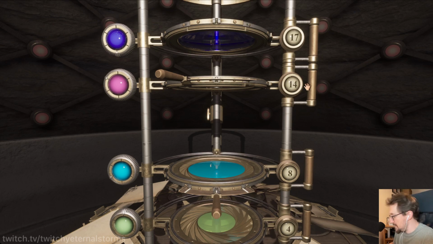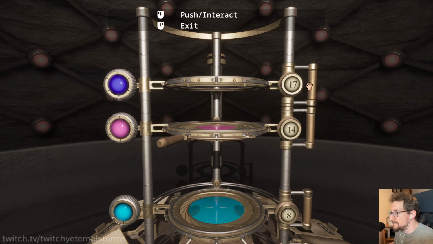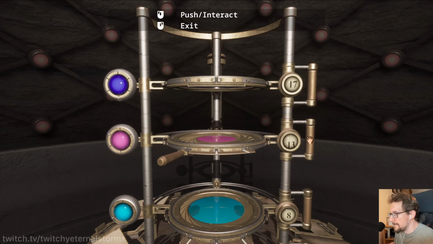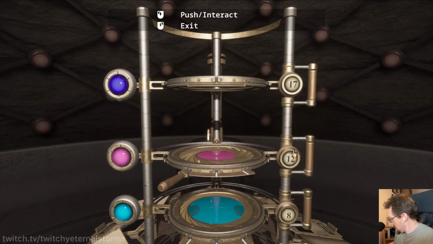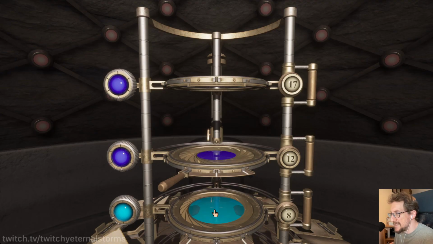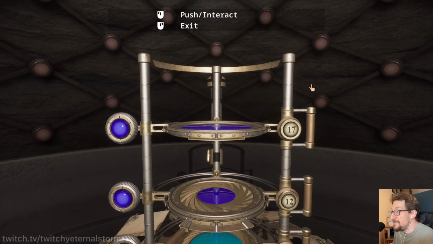Then we have this one here at 12, and blue, closed, because we said this would sit between two closed ones. And of course we have this last one here, between 15 and 13.